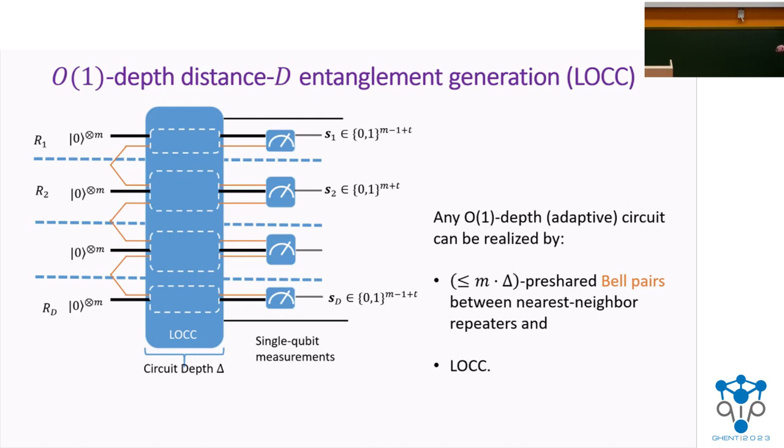So the number of Bell pairs between neighboring repeater stations must be less than m times delta, where m was the number of qubits per repeater, and delta was the circuit depth. So this would be the input state, and we don't have any 2-qubit unitaries between nearest neighboring repeaters, so we have LOCC and single qubit measurements following.